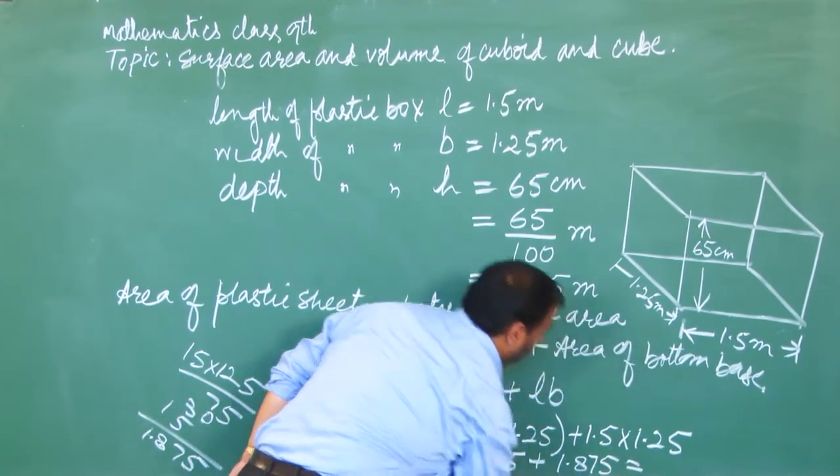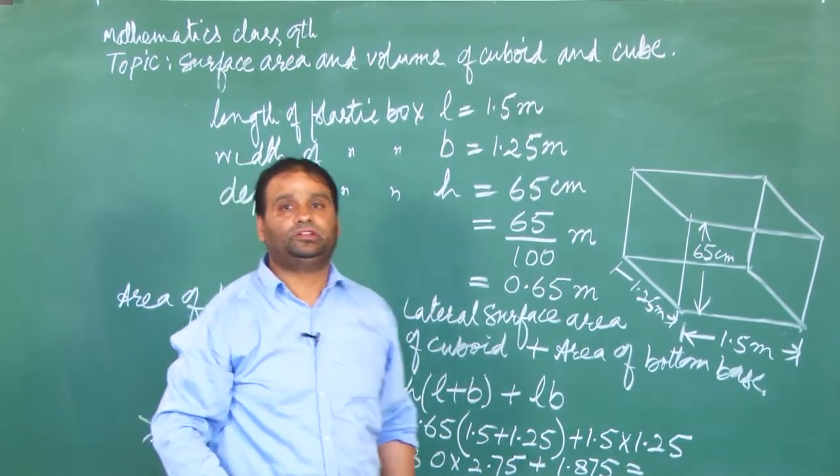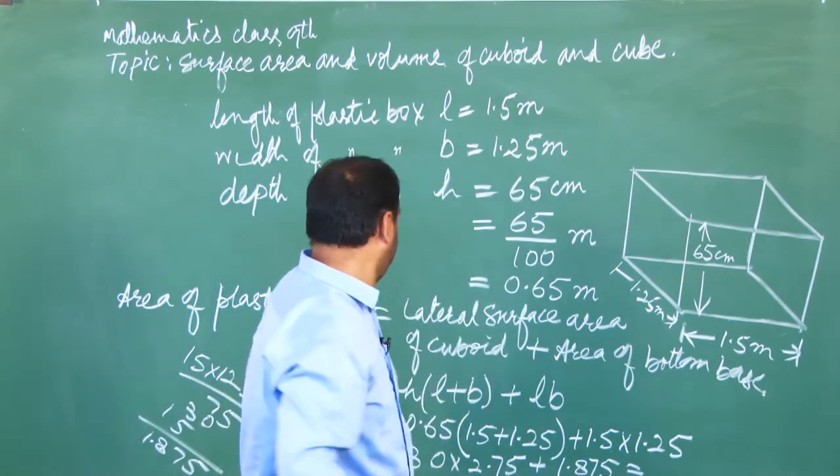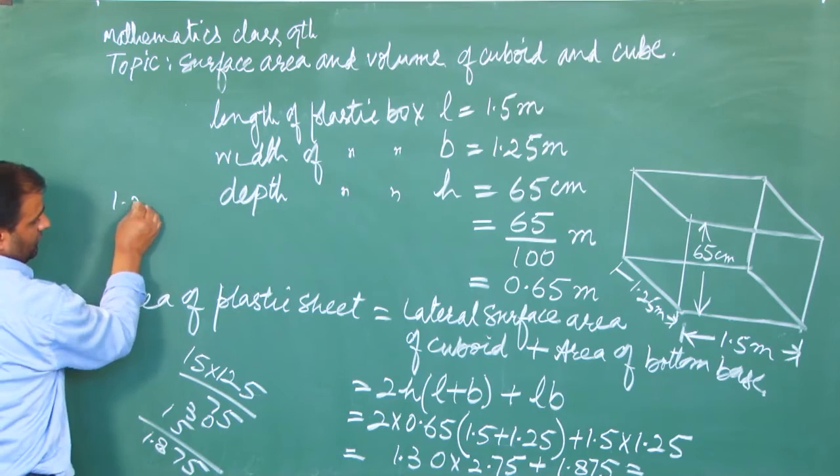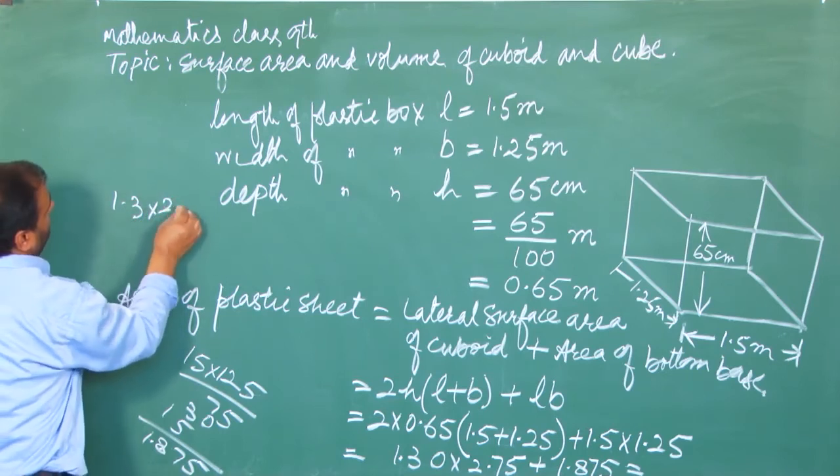So when you add up, you will get the total surface area of the plastic box. How much is that? 1.3 into 2.75.